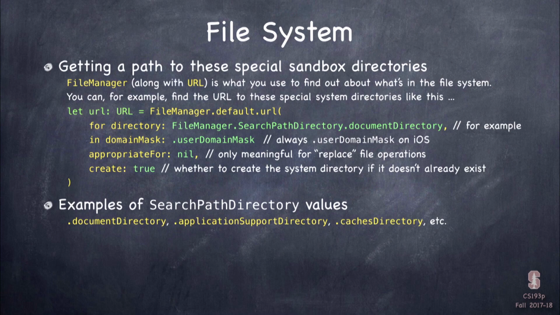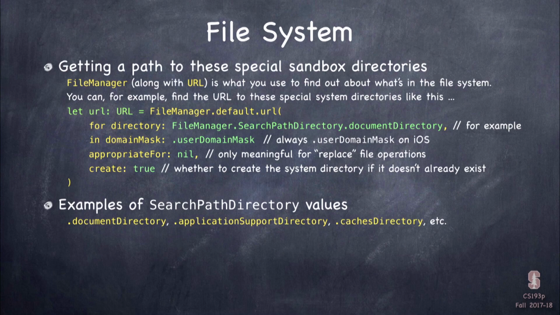The in domain mask is always .userDomainMask on iOS because we have the sandbox and we can only look in the sandbox. On macOS, it could be a shared network domain, it could be the system's shared domain, etc. But on iOS, it's always userDomainMask right there. Appropriate for, you're always going to set that to nil. That's basically if you're going to replace a file, you want to specify the URL of what you're going to replace so you can make sure it's on the same volume as the URL you're getting.